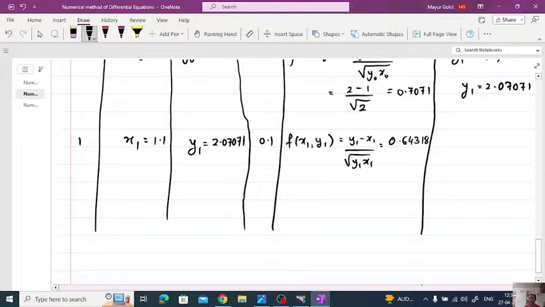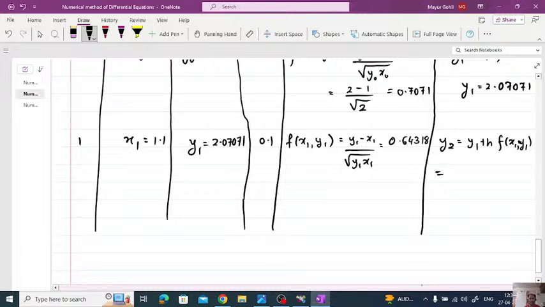So here the answer is 0.64318. Okay, so now we calculate y2. So y2 is basically nothing but, as per the formula, it is y1 plus h times f of x1 y1. When you calculate, you will get the answer.